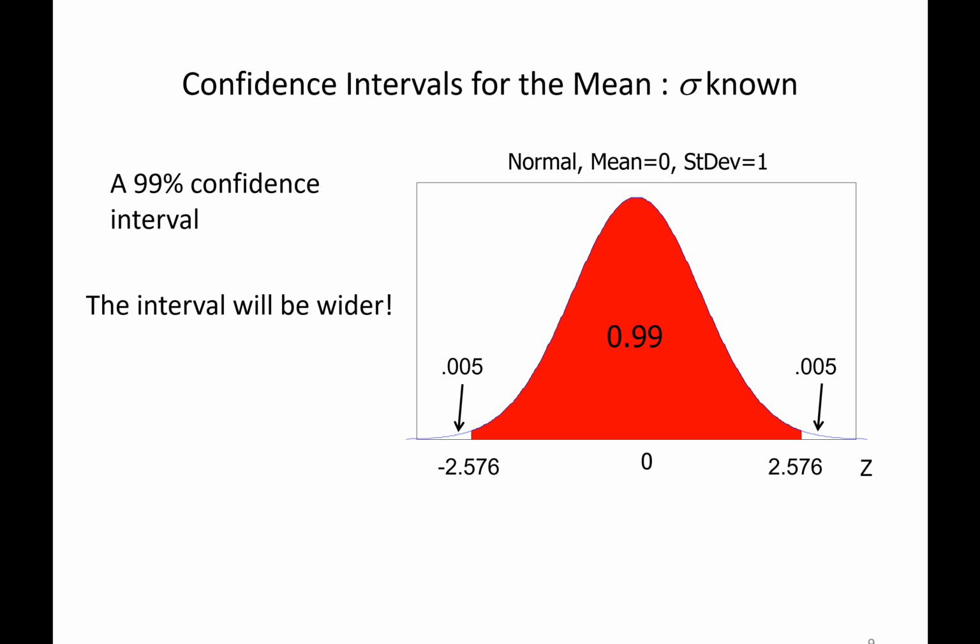If you're going to use software, that's the number you should come up with. If you're going to use the table in the book, you would be somewhere between 2.57 and 2.58. So you take the middle of those if you like, or any of those numbers should work.